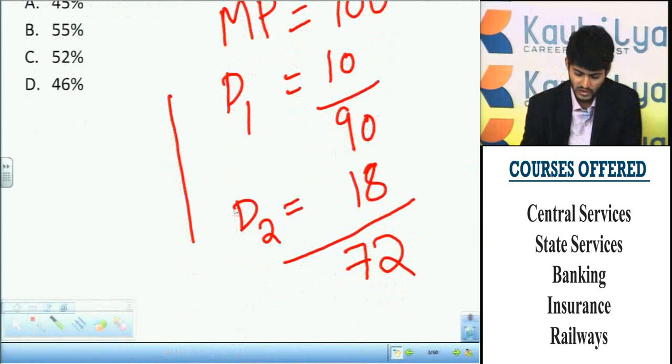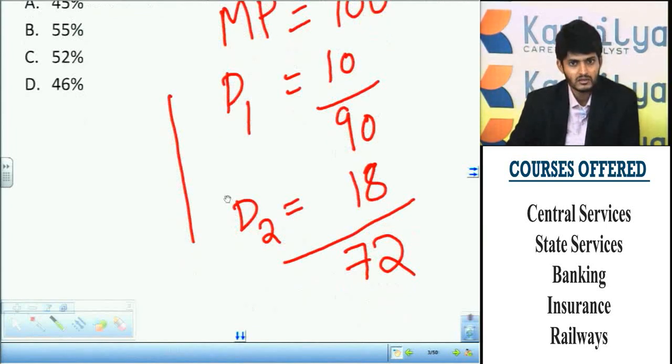Now again on this, you got a discount of 25%. Whenever I am dealing with percentages, as I told you, if you are able to convert a certain percentage into a fraction, then you can do a lot of problems in less time. Since I am dealing with 25%, 25% generally corresponds to the fraction 1/4.